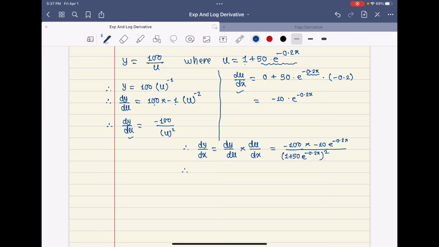So your final expression is dy by dx. Negative 100 times negative 10 is 1000 times e raised to minus 0.2x divided by 1 plus 50 times e raised to minus 0.2x, bracket squared. This is what we have to show.